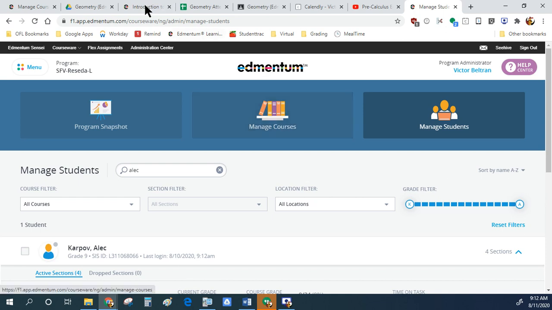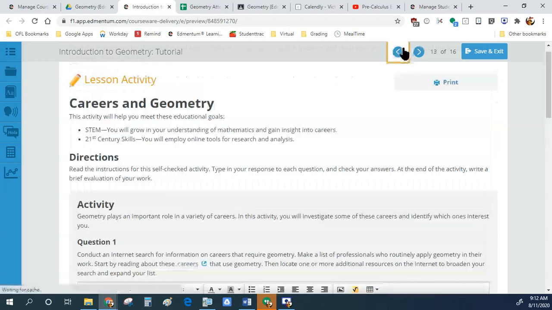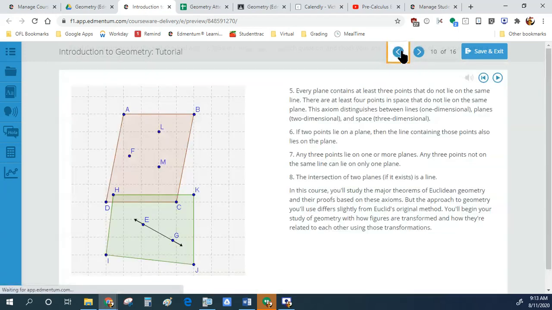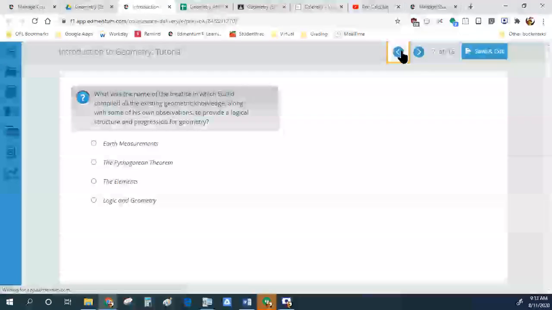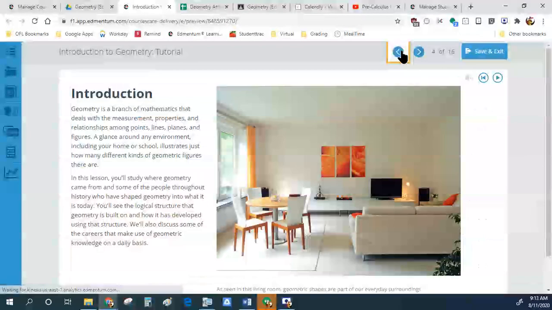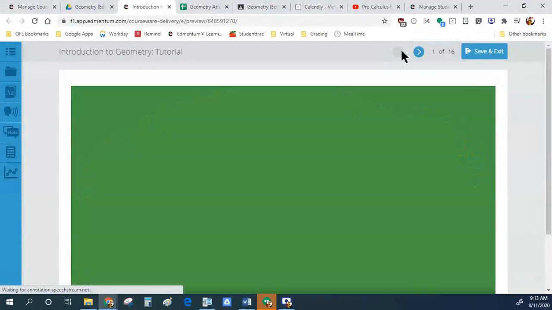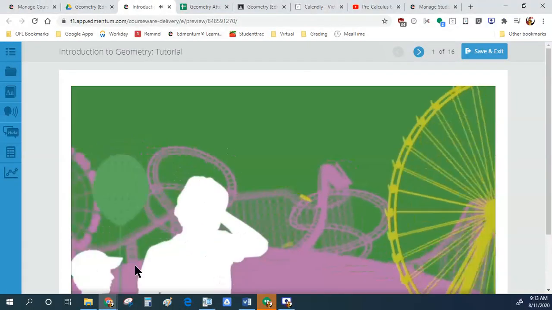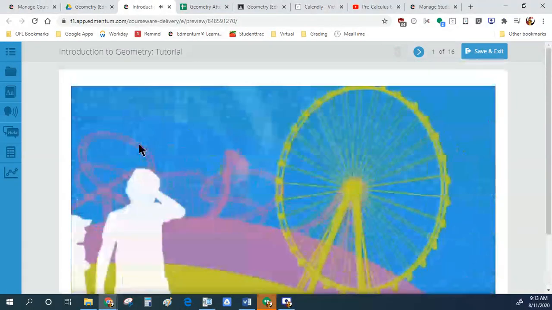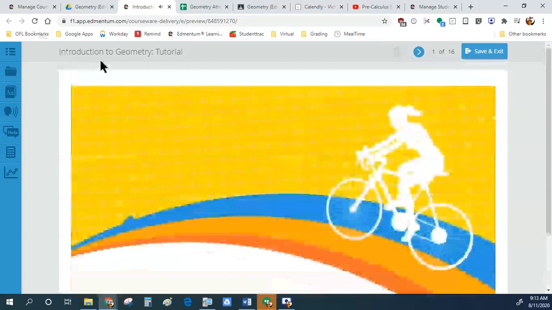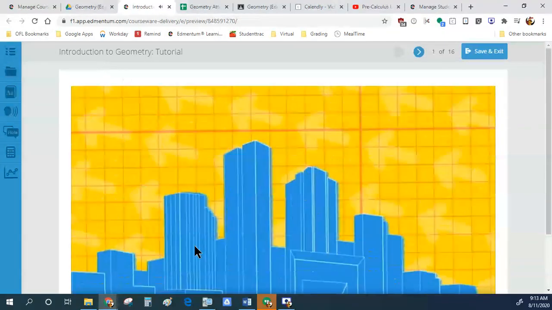All right, cool. So the main thing we're going to do in this class, that was just basically the intro. I actually like how geometry's set up because geometry is different than your other math classes. They actually started off with an introduction to what geometry is and how it works.